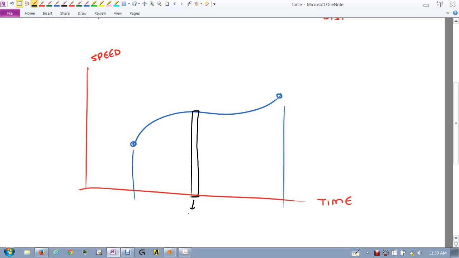Well, this is time, right? And this is speed. If you multiply time times speed, what can you get out of this? What is it? Distance.